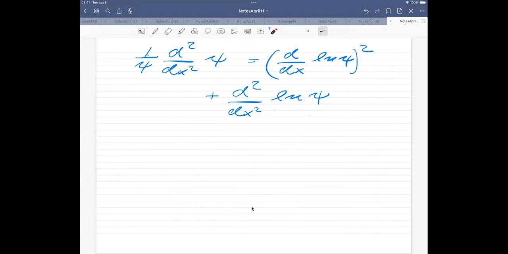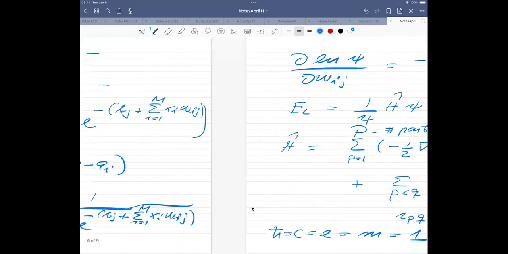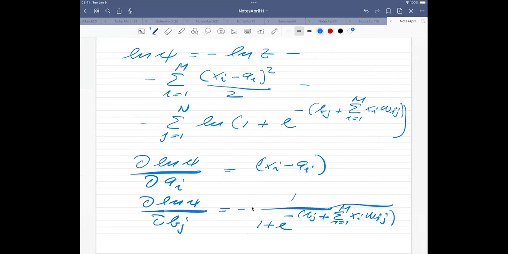So we have ln of psi, and we leave out the partition function, so that will simply be xi minus ai squared divided by 2, and then the next term, which is minus, and then a term which goes like ln of this term here.